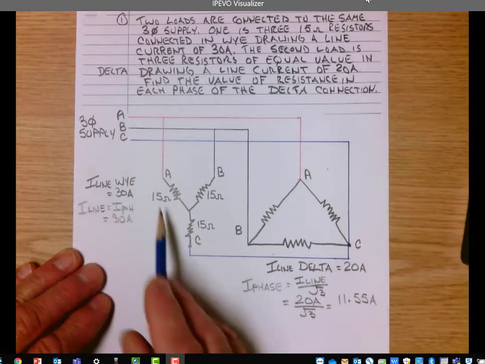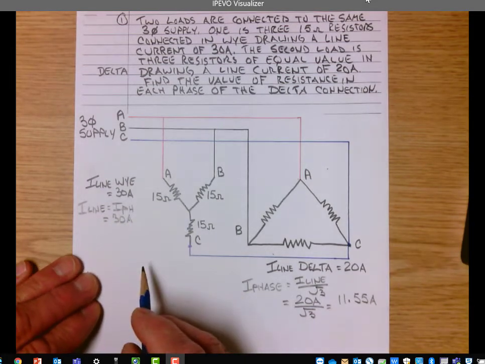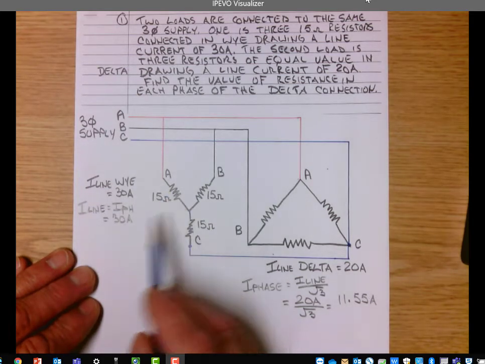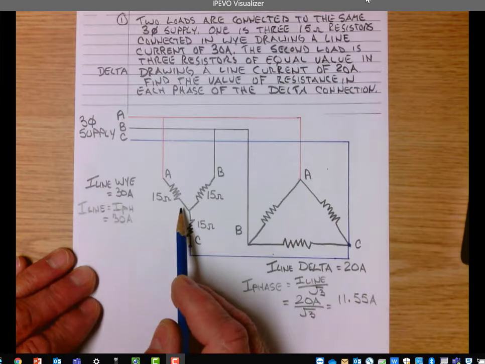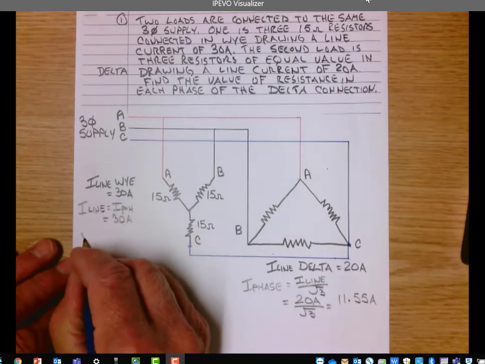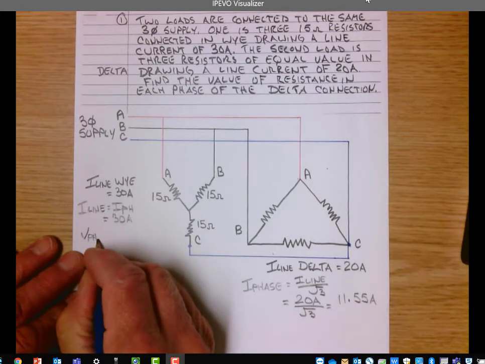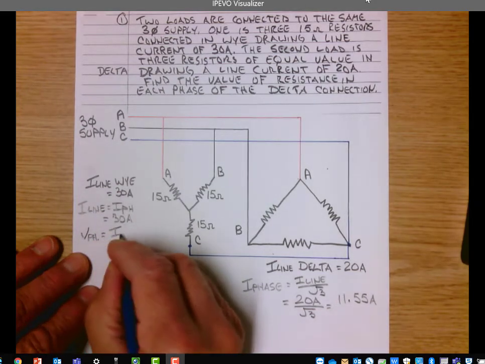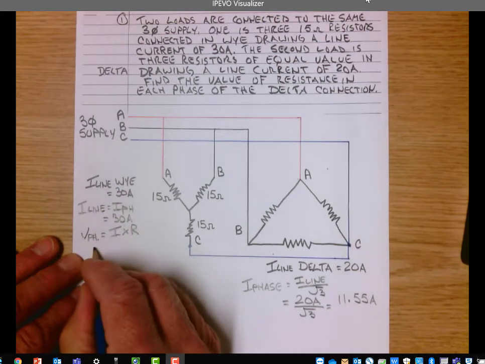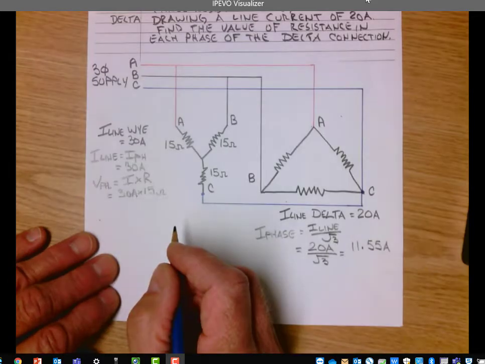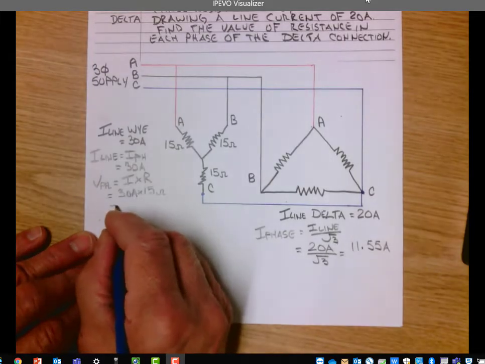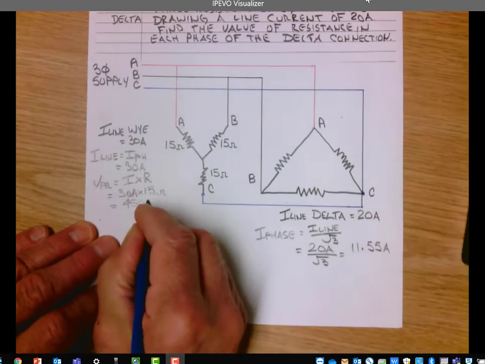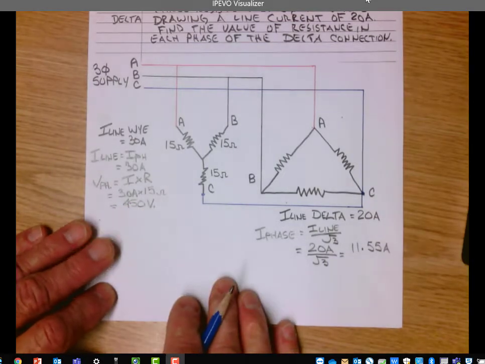So the phase current in each phase here is 30 amps. If I know the phase resistance and the phase current, I can find the phase voltage. V phase for this load is going to be I times R. 30 amps times 15 ohms will equal a phase voltage of 450 volts.